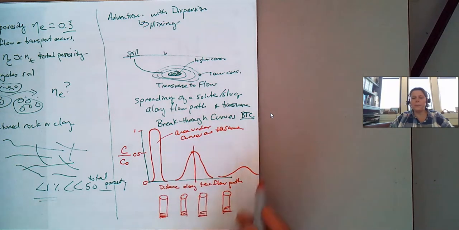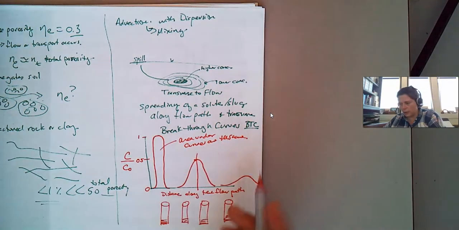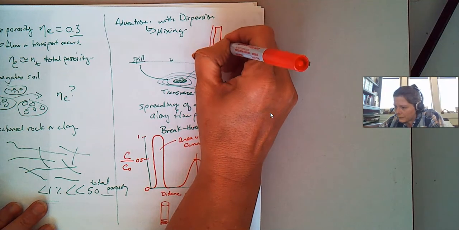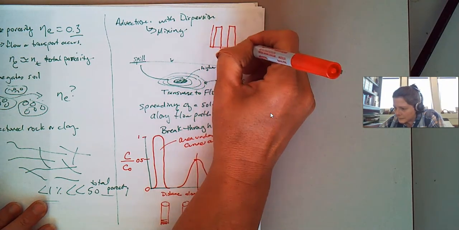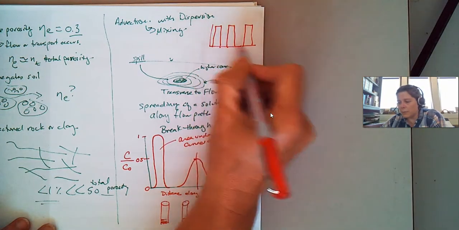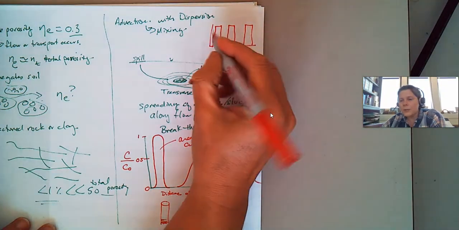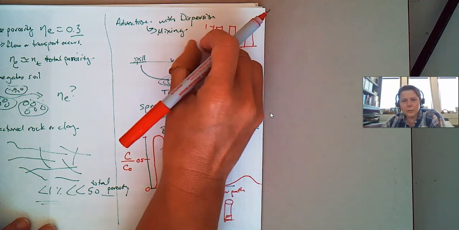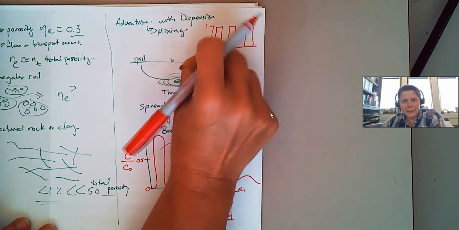Now, if this was under advective flow, your breakthrough curve would look like this. It wouldn't change, because it's marching its way down. With advective flow, you would have 1 over here and 0, and it would just move from one well to another, and that's not what happens.